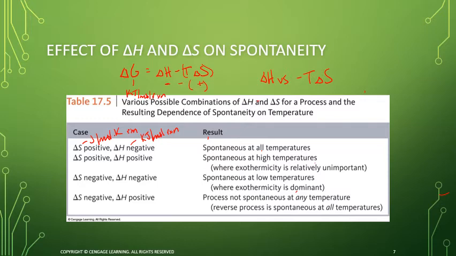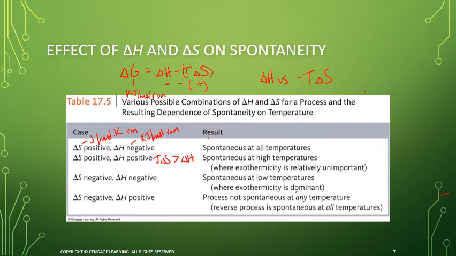So I want to have, in this case, because I have two positives, and I have a positive subtracting a positive, I now want my T delta S product to be greater than delta H. And so we talk about that happening spontaneously at high temperatures. Well, if it's not a high enough temperature, then delta H would be greater than the T delta S, and delta G would be positive. So at low temperatures, under those conditions, delta G would be a non-spontaneous process.